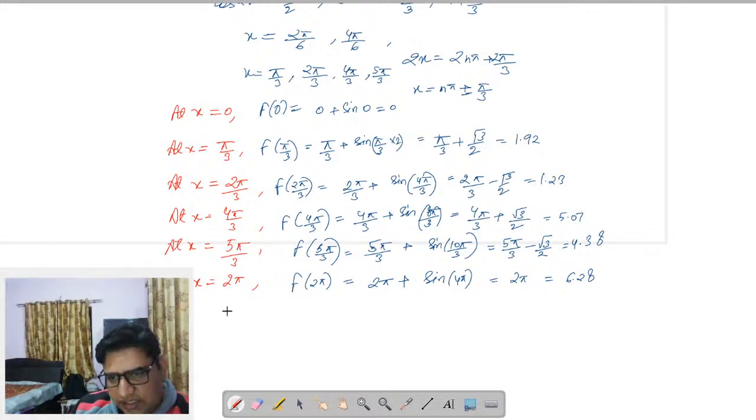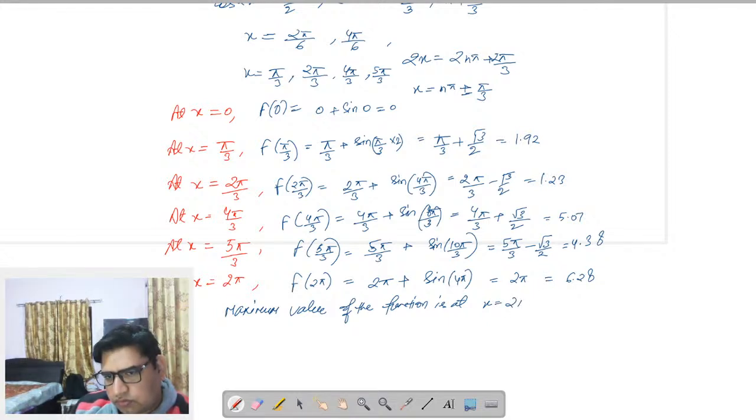Okay, we'll simply write it down. The maximum value of the function is at x equal to 2π, and that is f(2π) equal to 6.28.